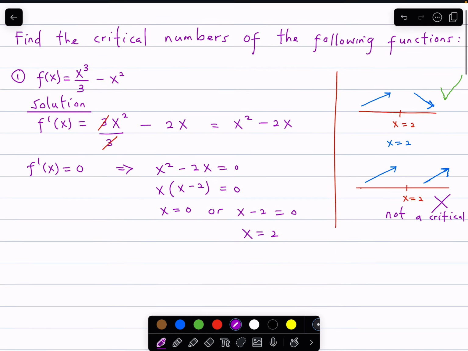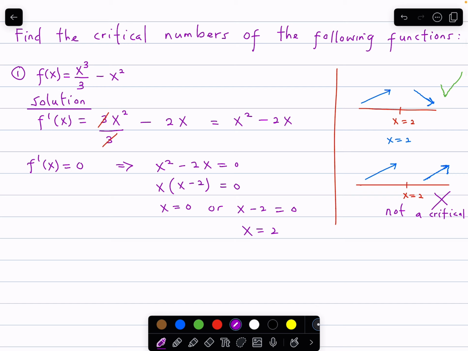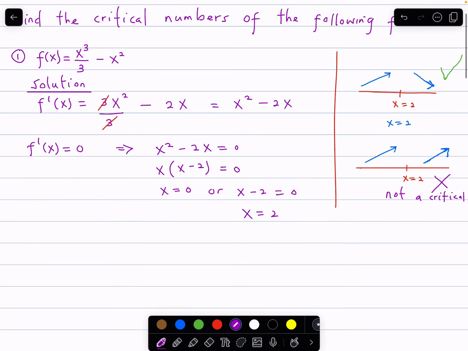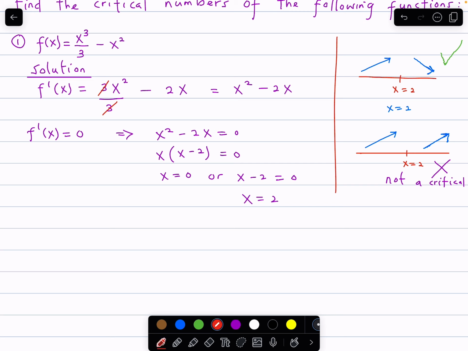So now, x equals 0 and x equals 2, we cannot say that they are critical numbers yet. We have to check. So what I'm going to do is draw a number line and locate where x equals 0, this is 0, and then this is 2.